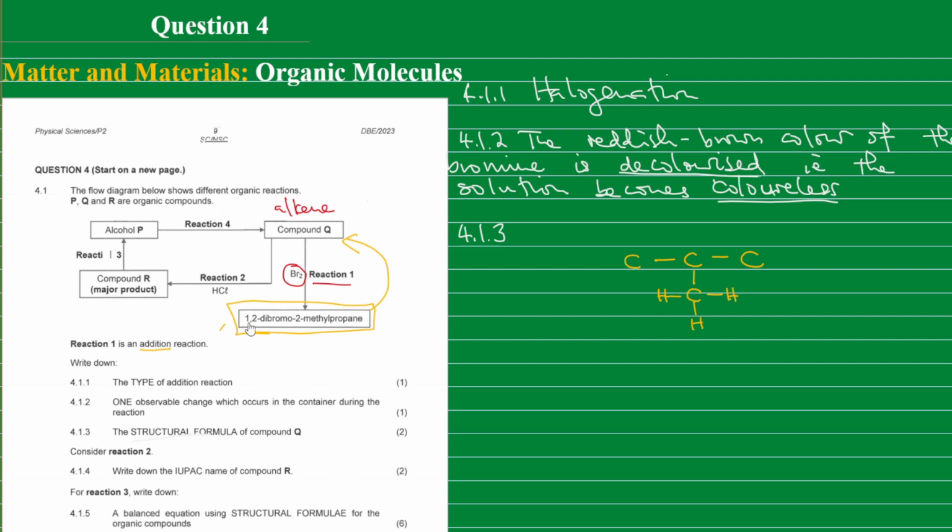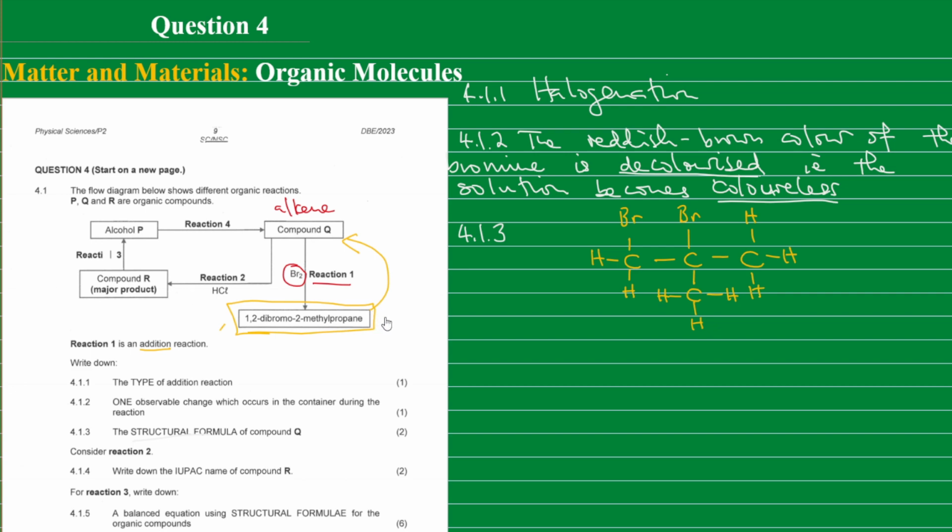At carbon number 1 we've got a bromo, and at carbon number 2 we also have a bromo, so we've got a 1,2-dibromo. I'm going to add a bromo here and a bromo there. The rest are single bonds, since propane is an alkane with single bonds between the carbon atoms. So this is the structural formula of the product.